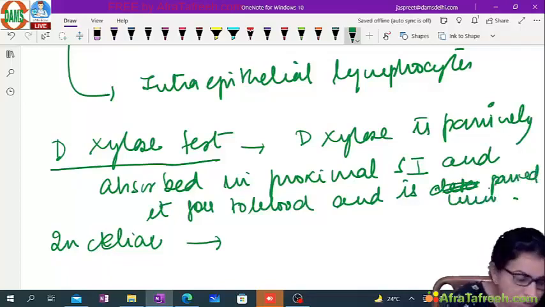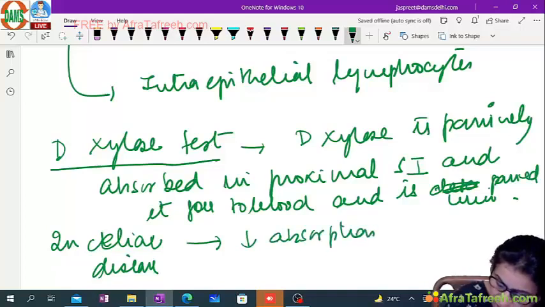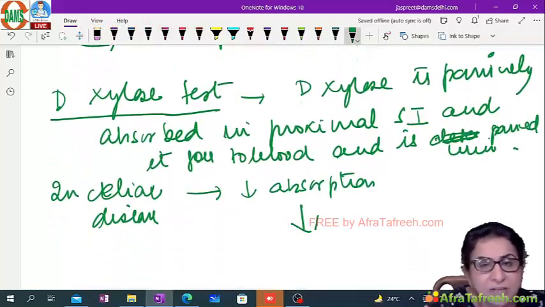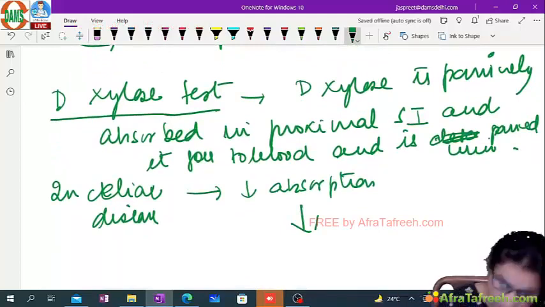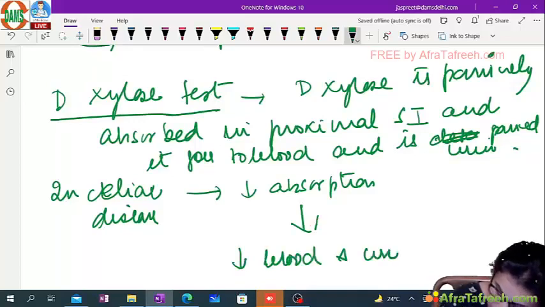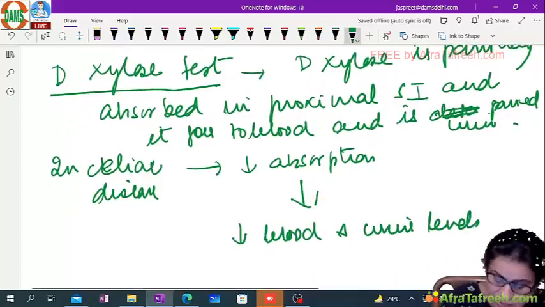Now in celiac disease, what do you see? There is decreased absorption, decreased surface area for absorption. So D-xylose is not absorbed, or very little is absorbed, very little comes into the blood. So you see decreased blood and urine levels.